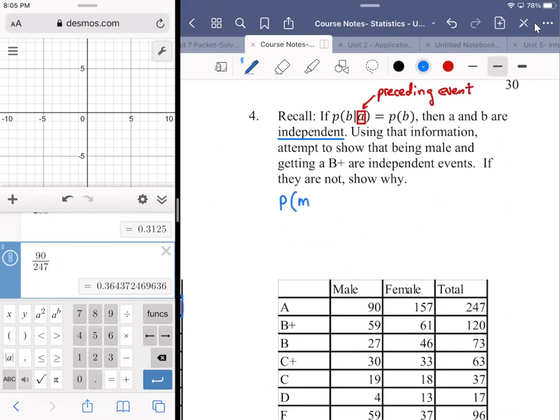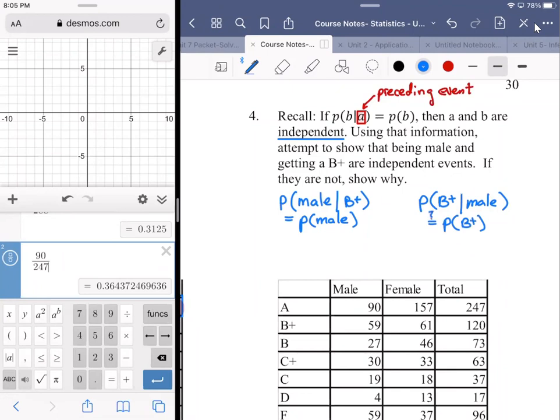So I'd be looking for the probability of being a male, given that I got a B plus, but I'd also be looking for the probability of getting a B plus, given that I'm a male. In both cases, we're looking for equality, not necessarily with each other, but with, in the first situation, the probability of being a male, and in the second situation, the probability of getting a B plus.